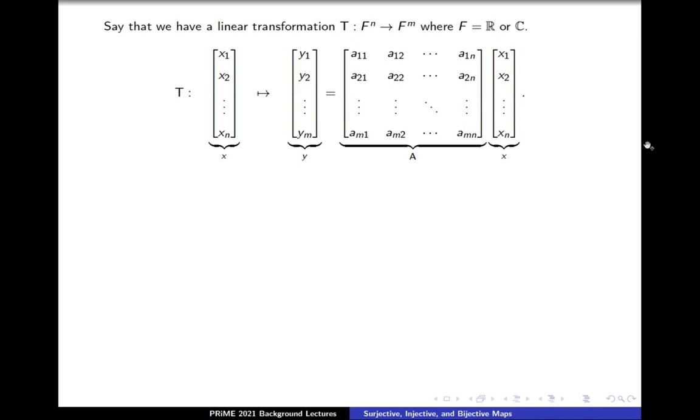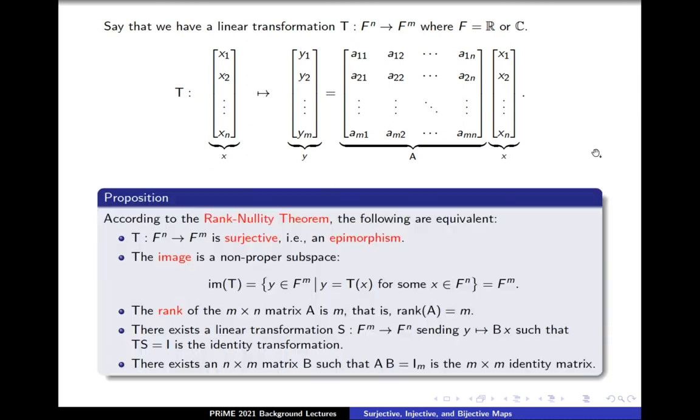Okay, let's repeat this for a similar proposition using the rank-nullity theorem for a surjective linear transformation. So we get the following statements are equivalent. T from F^n to F^m is surjective, i.e. an epimorphism, is equivalent to saying that the image of T is a non-proper subspace.